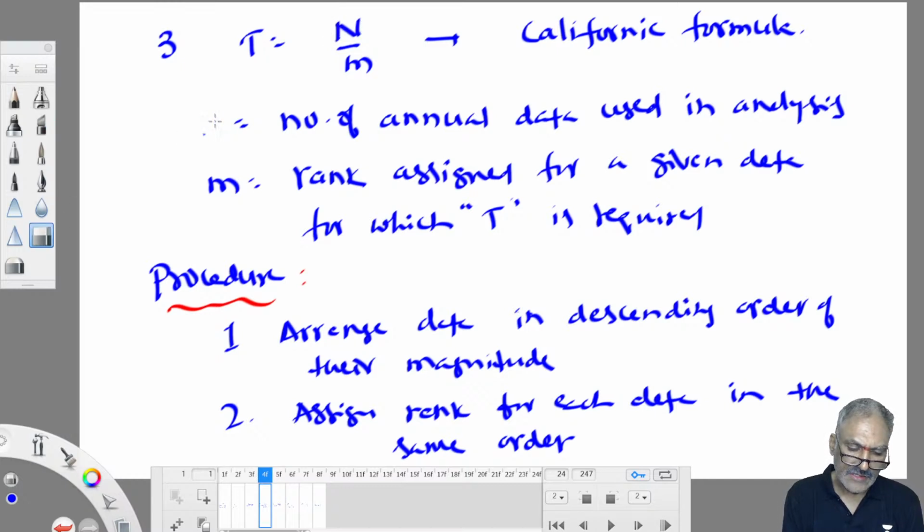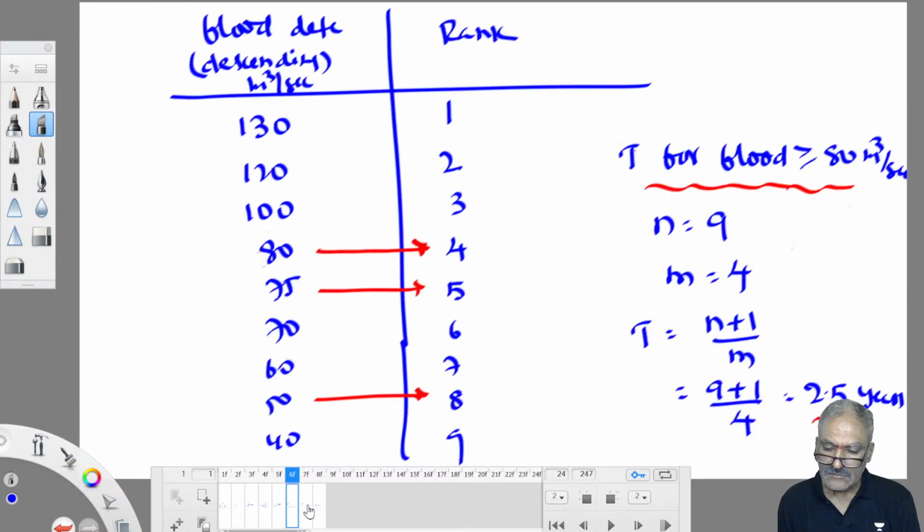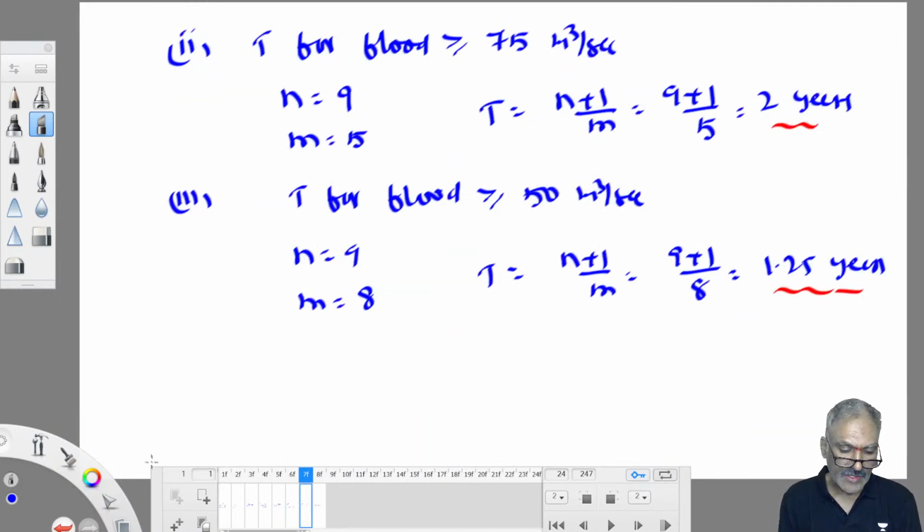It doesn't make any difference. Normally small n we use for life period of a component. So if I use it 2 times, you may be confused. So that's why let me change it to capital N. Hope you are following me.